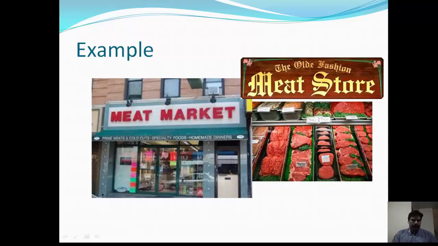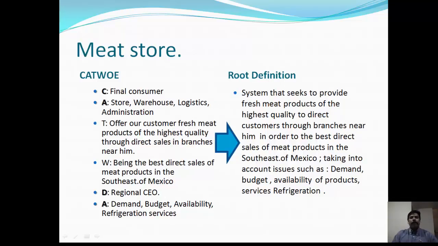Let's see an example to better understand it. And I'm changing the system. We are talking now about a meat store, a meat market. All of us have been in one of these stores at any time. So I'm going to repeat a little bit about the CATWOE analysis for a meat store.